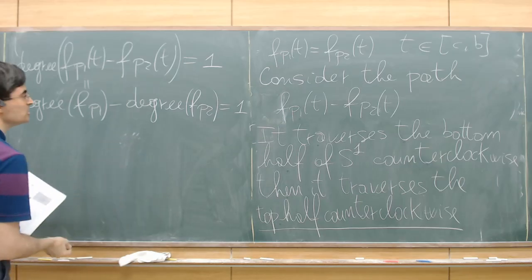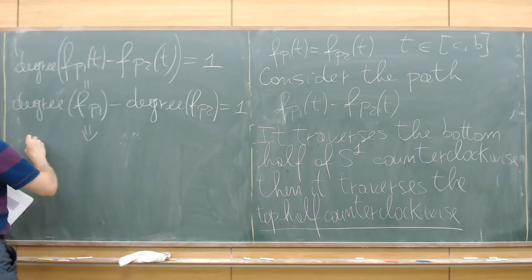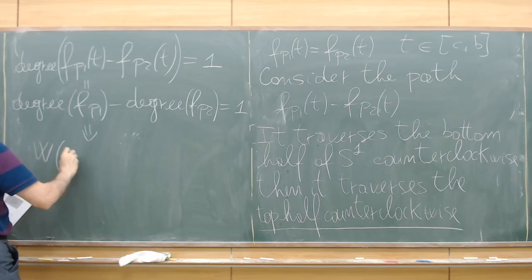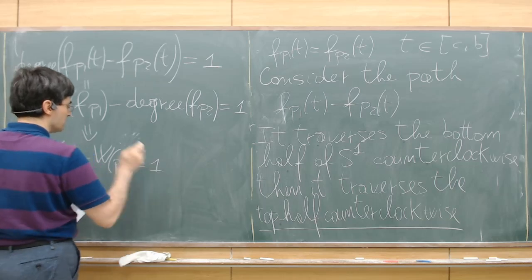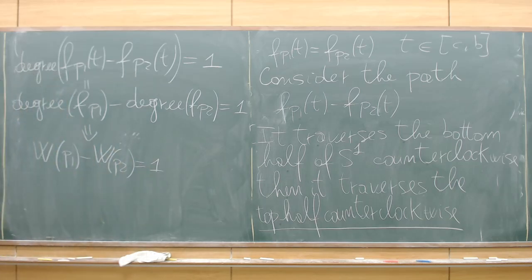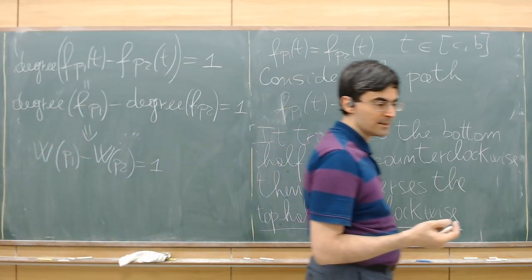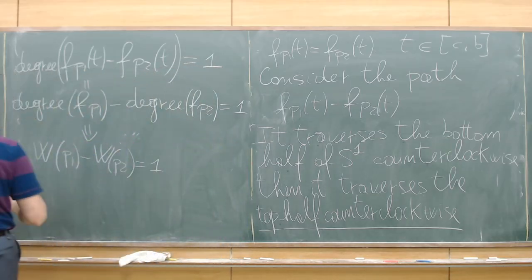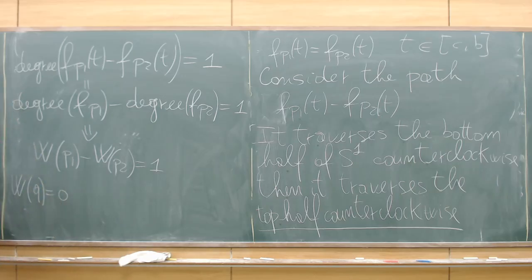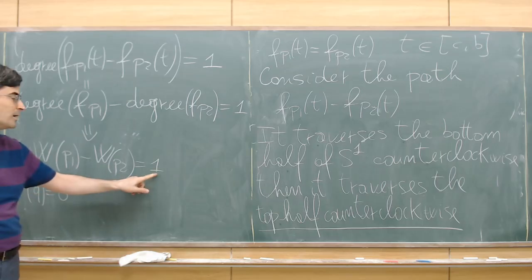And we finish it because this proves that W(P1) minus W(P2) is 1. So this means that W takes at least two different values. We proved before that W(Q) was 0, and now we prove that the difference between the values of W at P1 and P2 is 1.